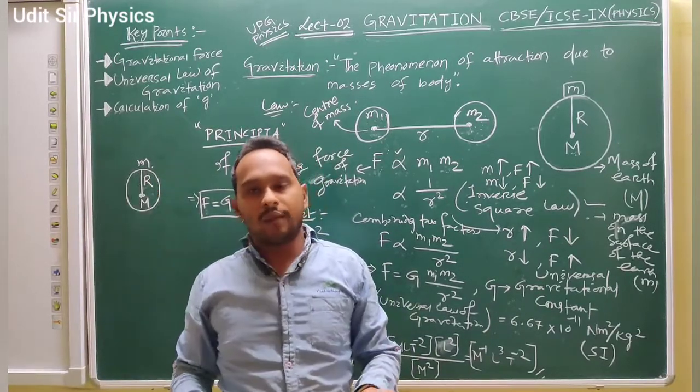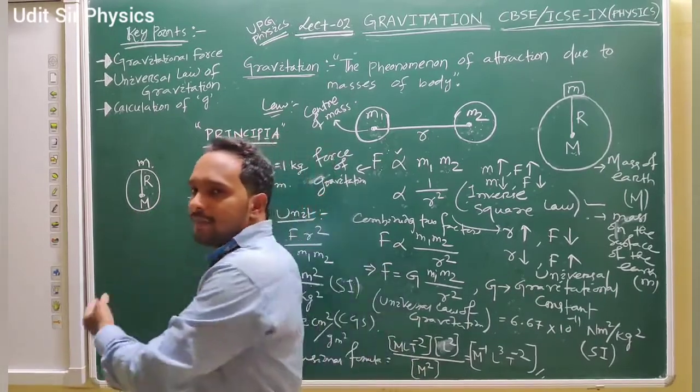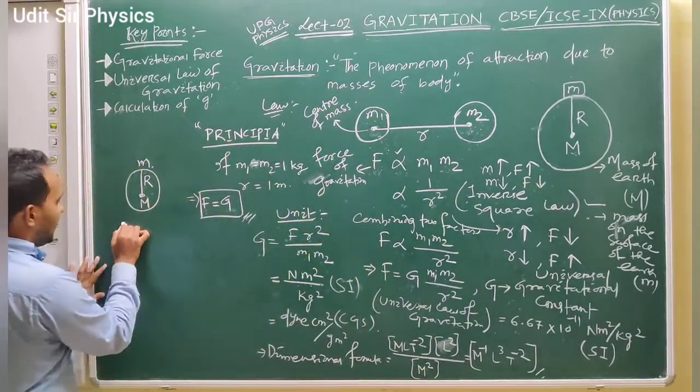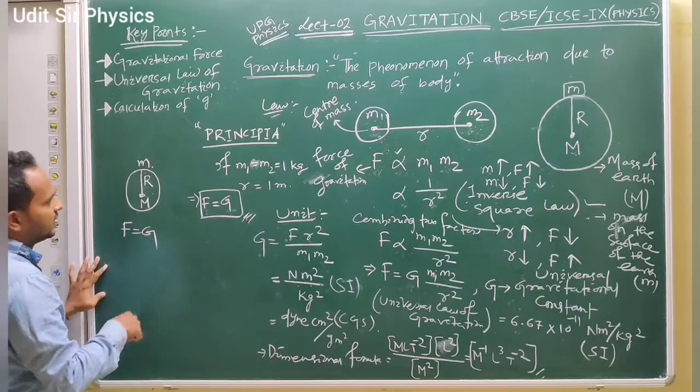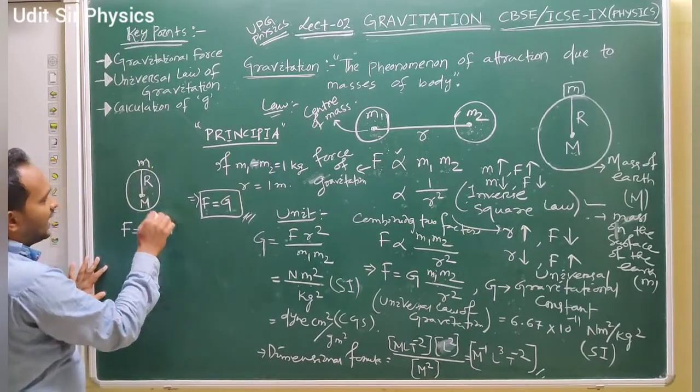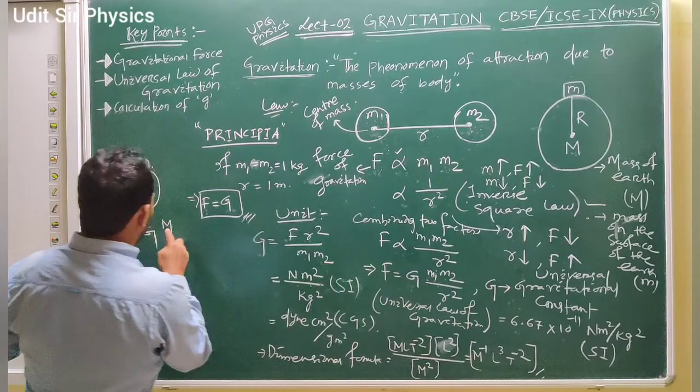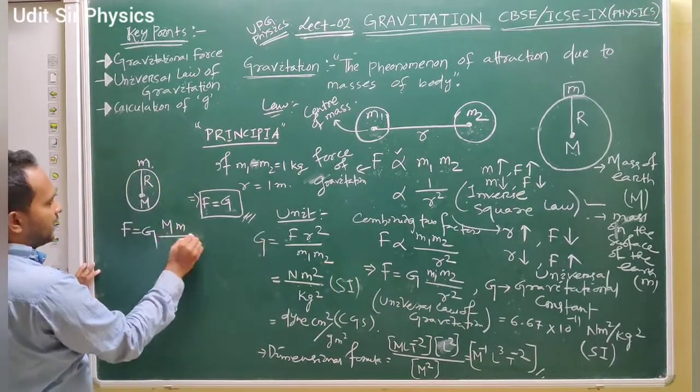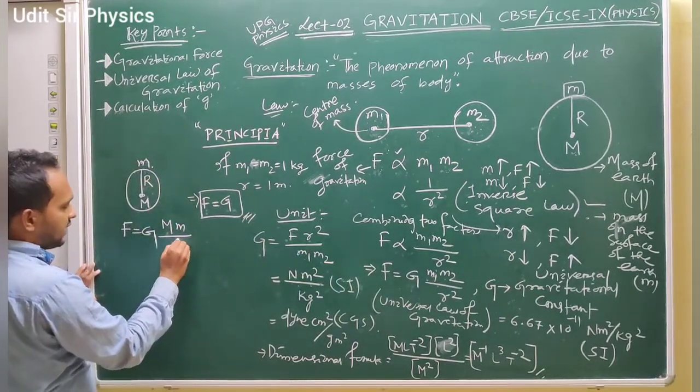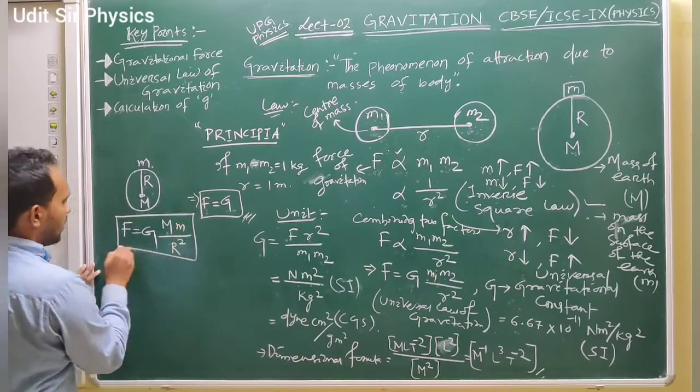Now what is the formula for the force of gravitation? The same formula we will apply, that is F equal to capital G m1 m2 by r square. Here m1 is the capital M, the mass of the earth, m2 is the small m, and the distance is the radius of earth.